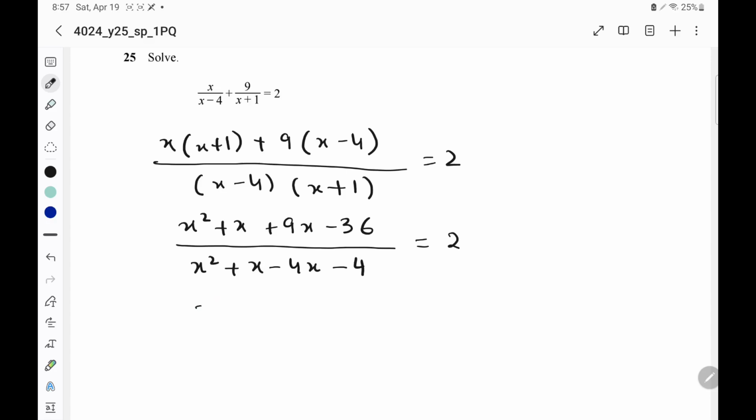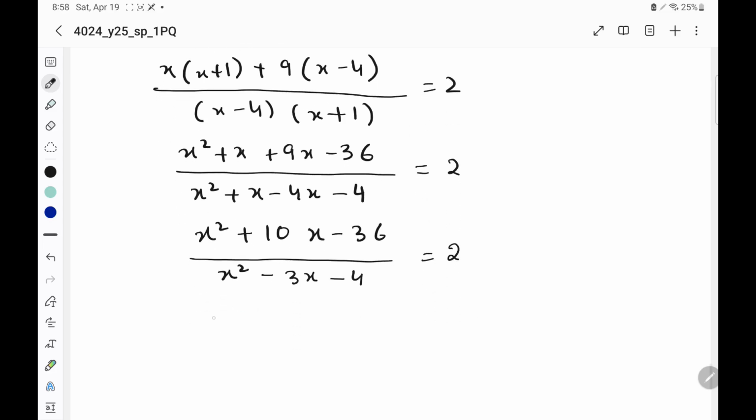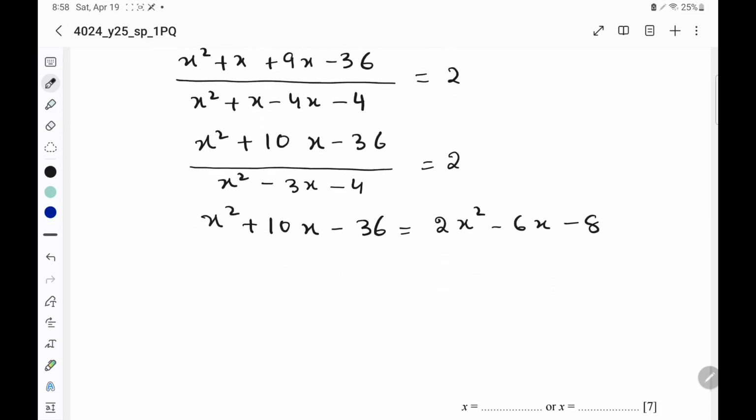So that is x square plus 10x minus 36 divided by x square minus 3x minus 4 equals to 2. Now simply multiply with 2. x square plus 10x minus 36 is equals to 2x square, and 2 3s is 6x and 2 4s are 8. Just write down together at one side.